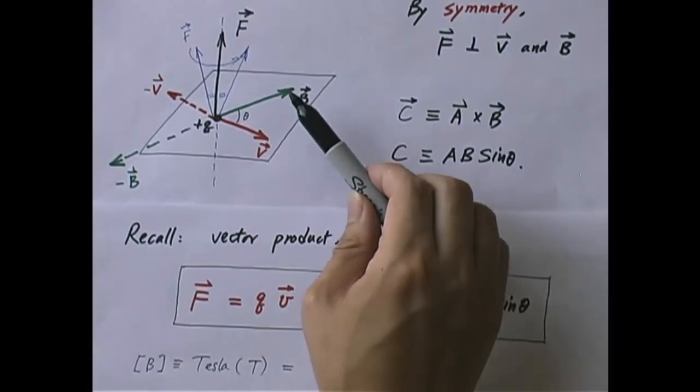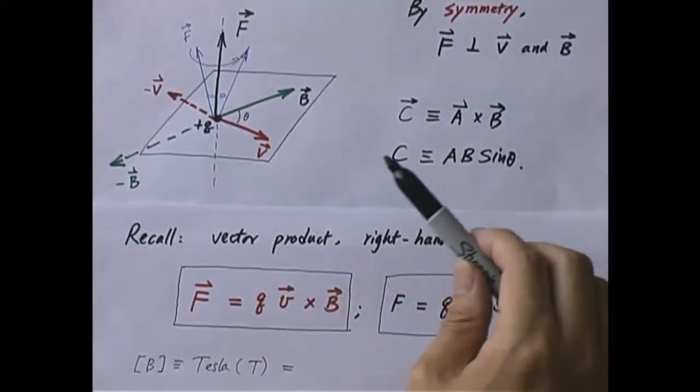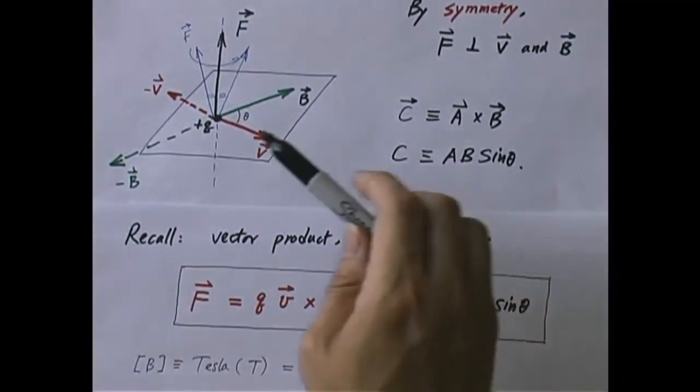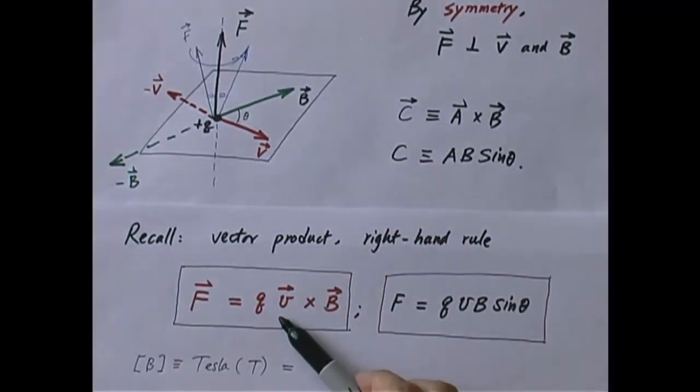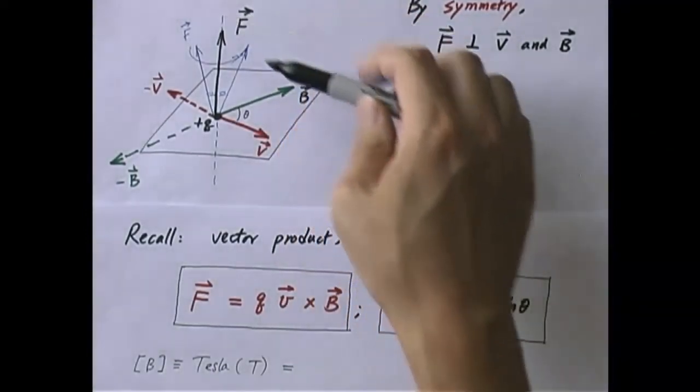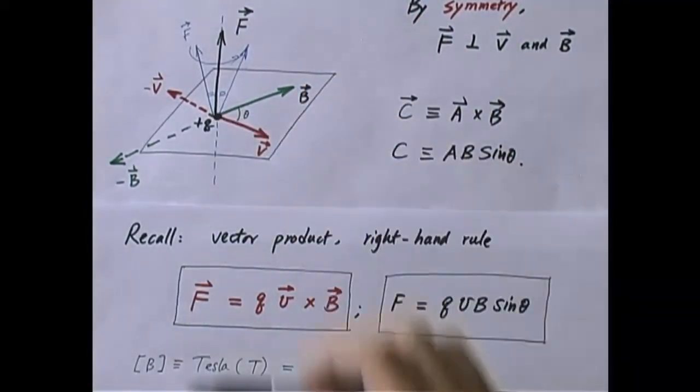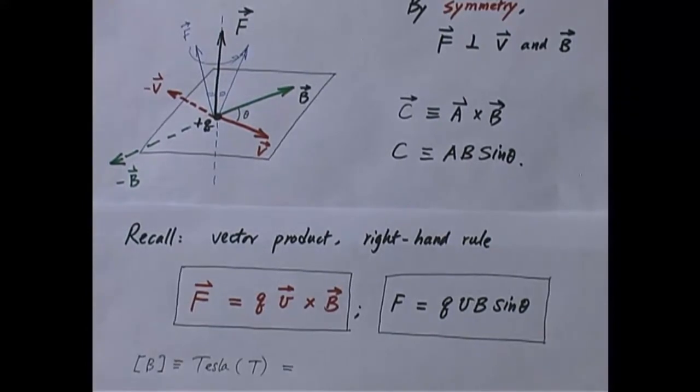By our convention, it is always V cross B, not B cross V. If it's V cross B, it's upward. If it's B cross V, it will point downwards. So that part is by convention. With that, you find that the magnitude is QVB sine theta as usual.